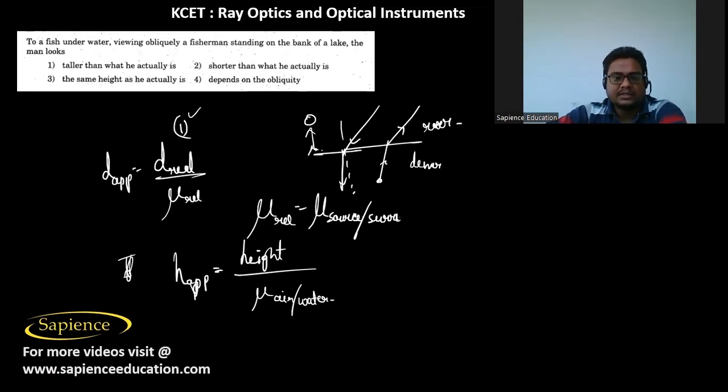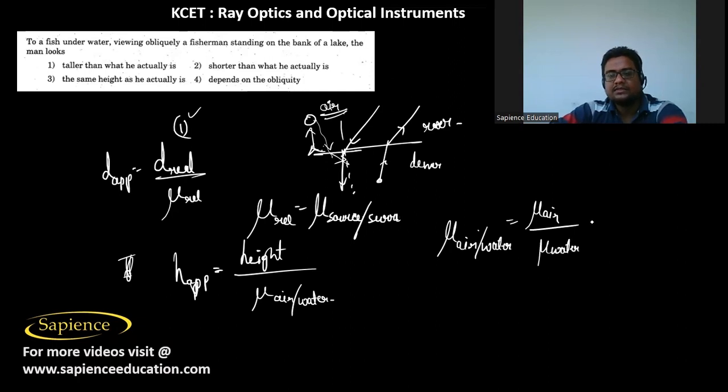Here light rays are coming from the man to the fish, so the source medium is air, and the rays are going from air to water. So the refractive index of air with respect to water is equal to refractive index of air by refractive index of water, and that will obviously be less than 1.